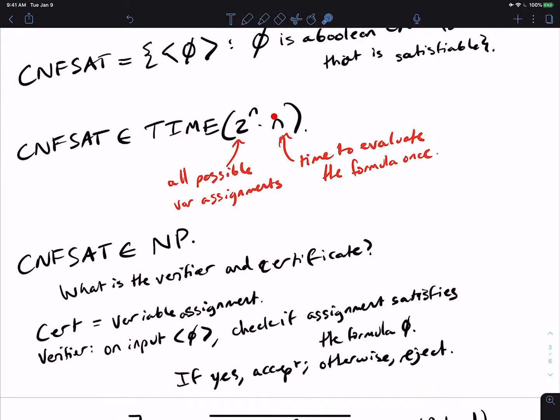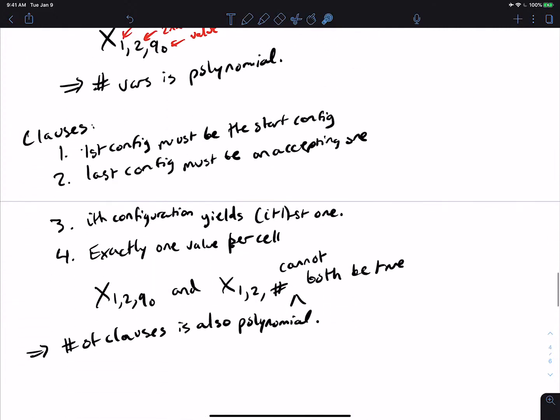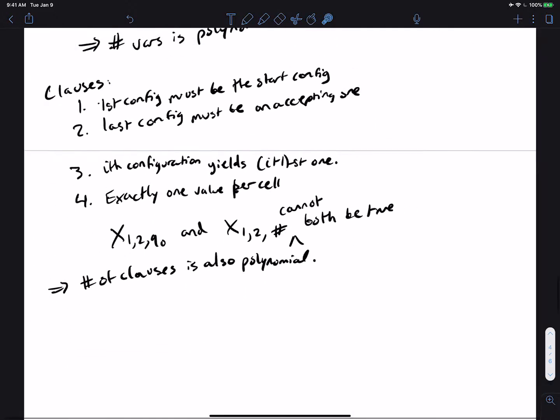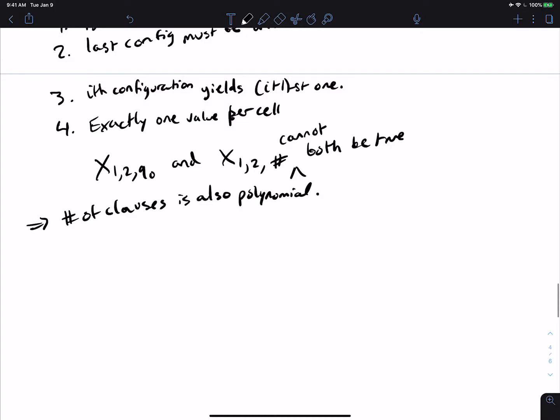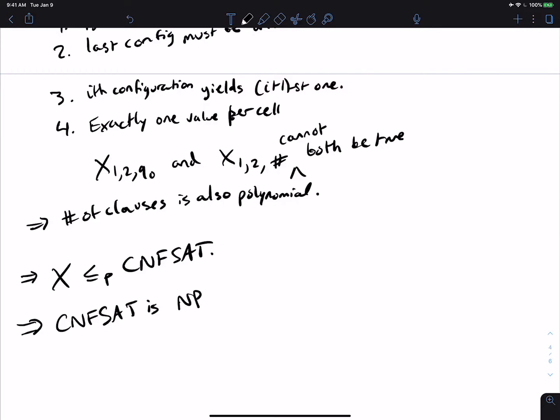So the polynomial time reduction is actually quite important here. So as long as we can make the clauses correctly, and there's a lot of details there, this implies that x, just some arbitrary problem in NP, reduces polynomially in time to CNF-SAT. And since x was any old problem in NP, and this holds for every problem in NP, this implies that CNF-SAT is NP-complete.